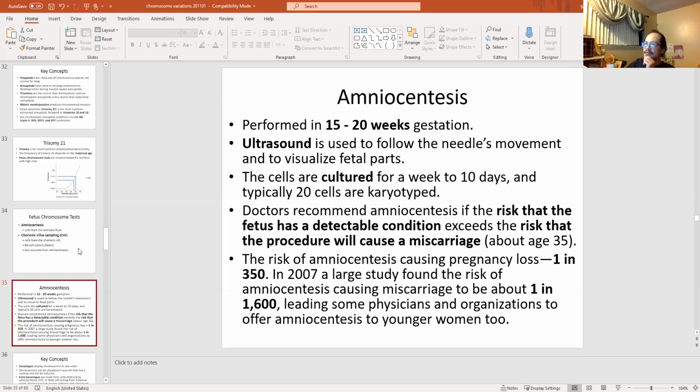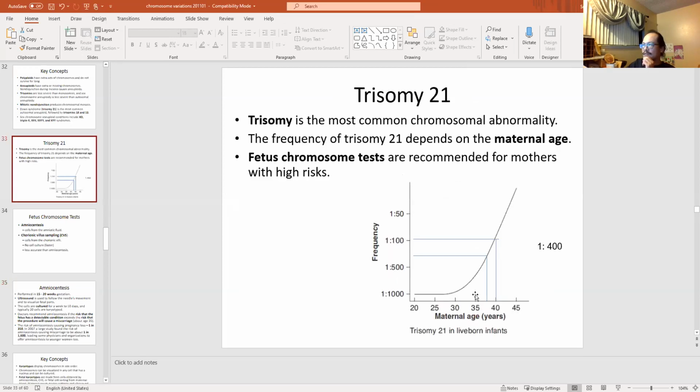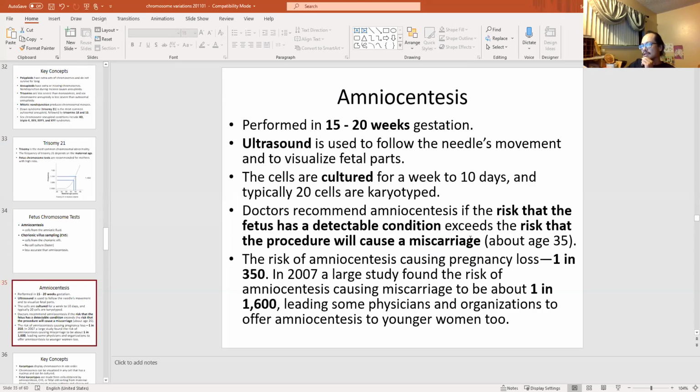So typically a patient who is 35 years old and older is suggested to have it, because the risk of miscarriage by amniocentesis in the new data is 1 in 1,600.